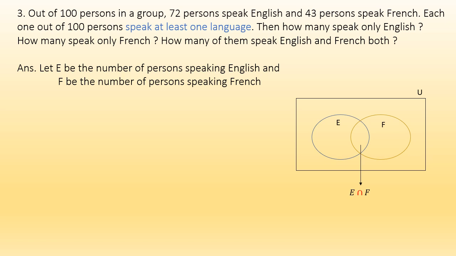Now let's see what is the data which is given. We have been given 72% speak English. So N of E will be 72. 43% speak French, and the set which denotes people speaking French is F. So N of F can be written as 43.